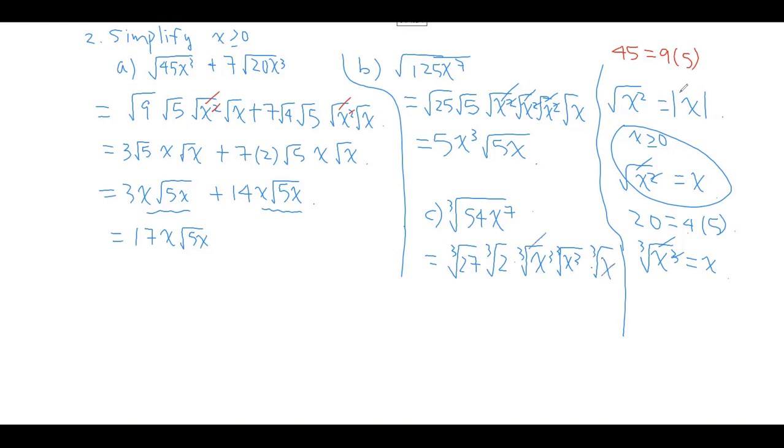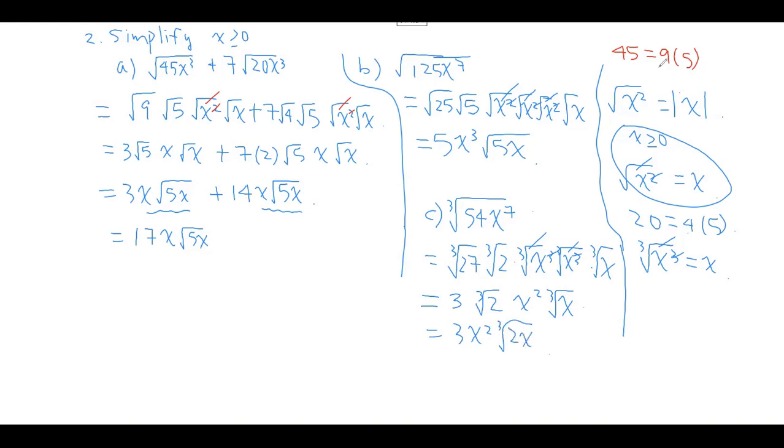So you can cancel them. Cube root of 27, it is 3. Then cube root of 2. Then you have x times x. That is x squared. Then times the cube root of x. So simplified, we got 3x squared cube root of 2x.